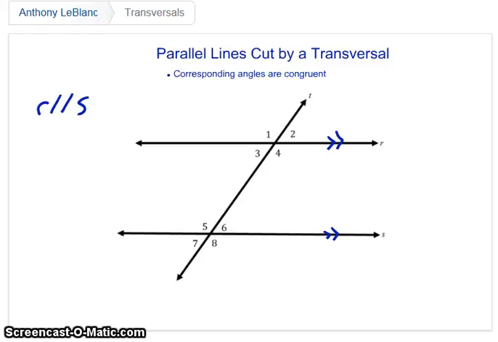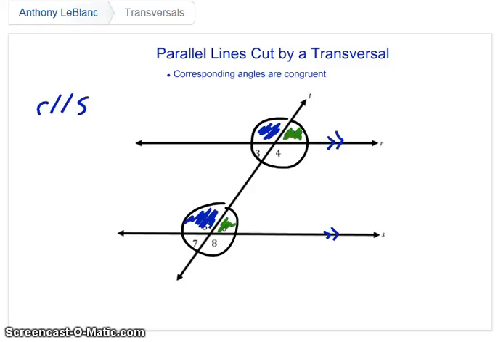One note is that corresponding angles are congruent. What that means for corresponding angles is, if we drew circles around them, it makes it a little easier to see. If we look at angle 1 and angle 5, they're both in the top left section of that circle. So they're both top left. If R and S are parallel, then we know angle 1 and angle 5 are congruent because they're corresponding.